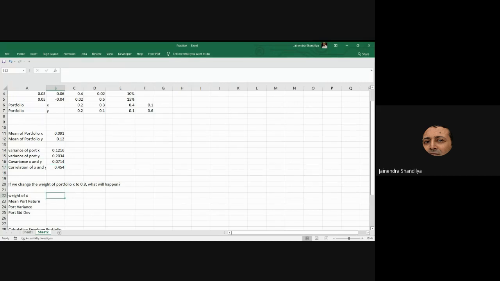So when I change the weight of X, X becomes 0.3. I'm starting with 0.3. Then we'll do it 0.4, 0.5, 0.6, 0.7, like that. So if I take X as 0.3, then automatically my portfolio Y will be 0.7. So if I take X as 0.3, then what will be the mean portfolio return?